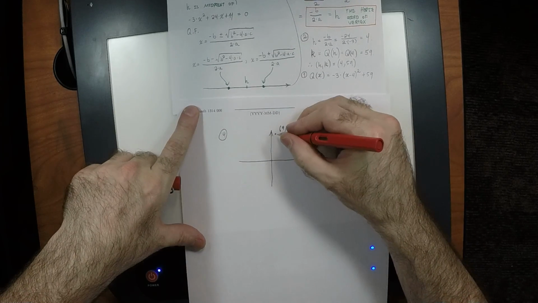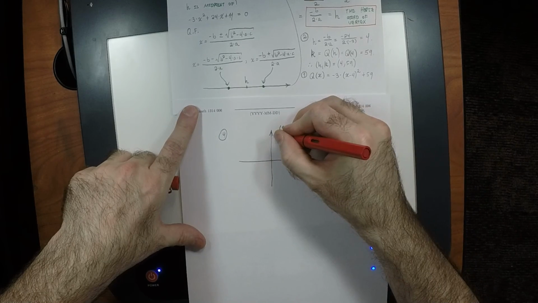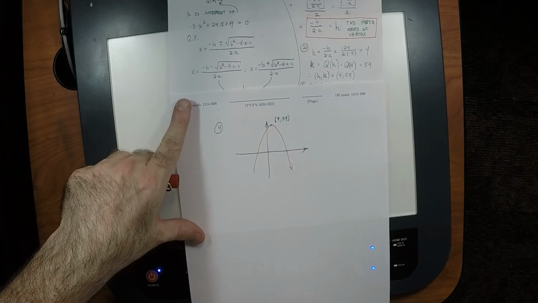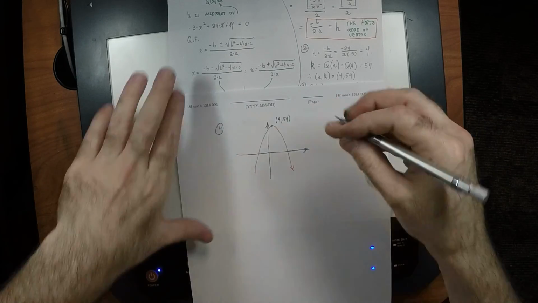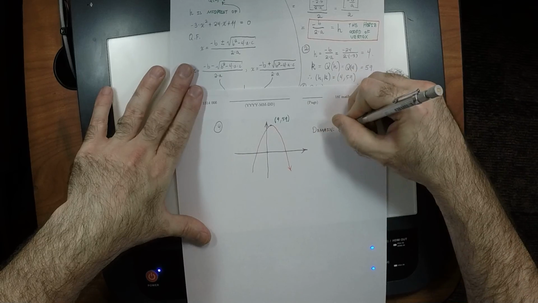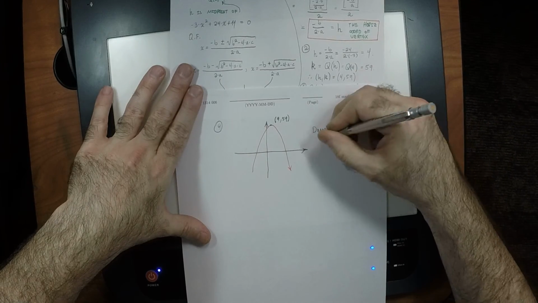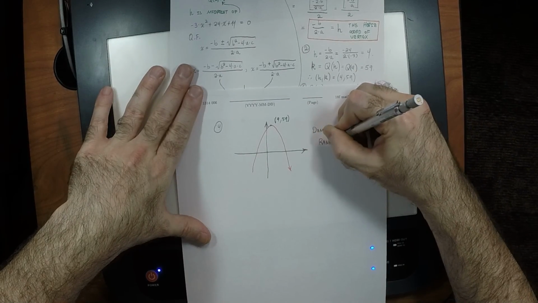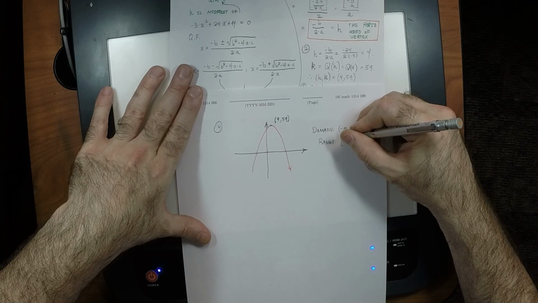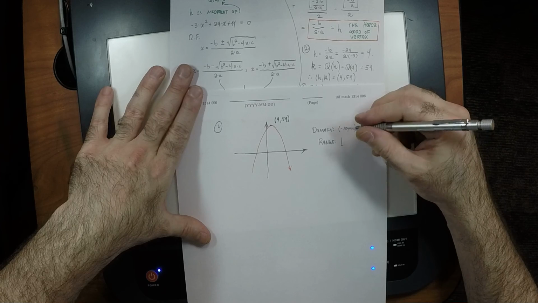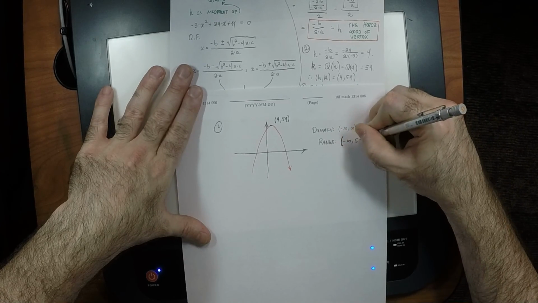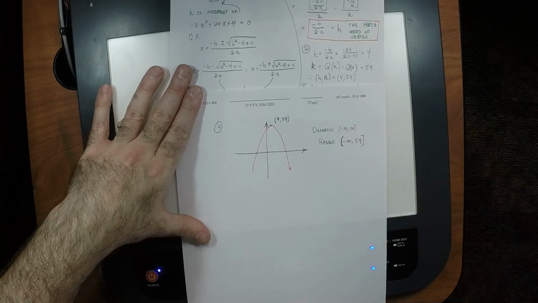So it's going to look like this. Something like that. And what's the domain? All reals. And the range. Well, yeah, there you have it. So negative infinity up to and including 59.